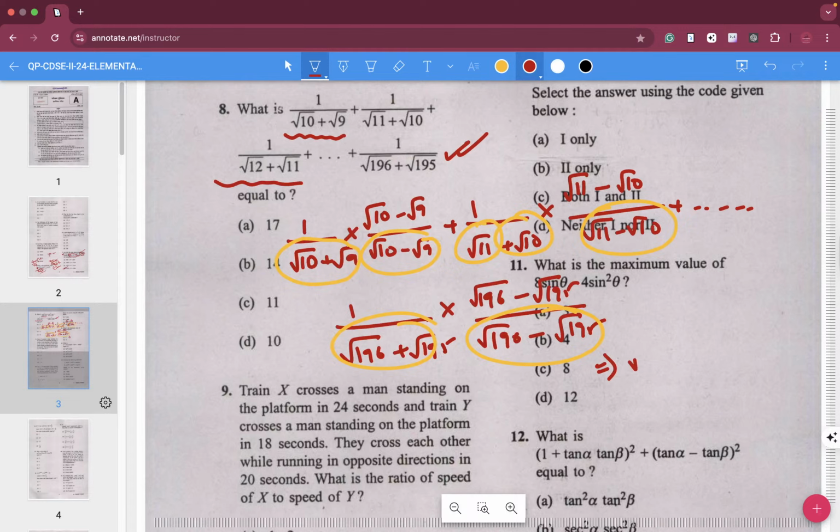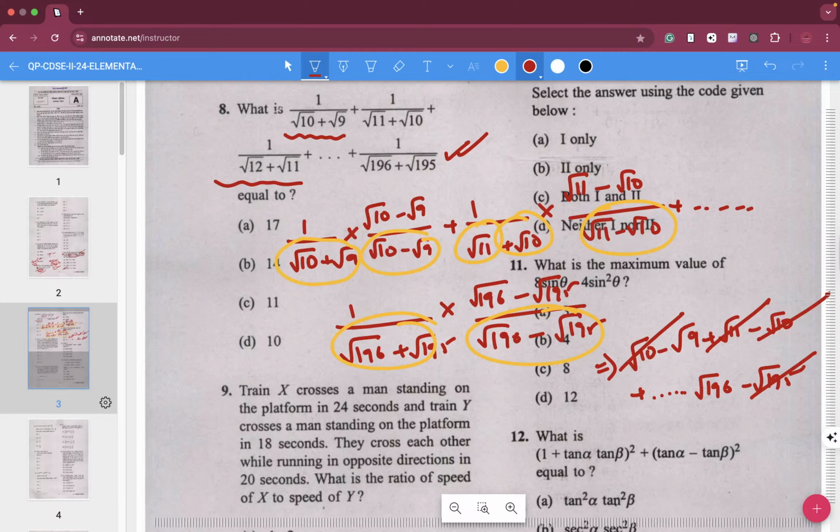So let's look at the numerator. You have root 10 minus 9, plus root under 11 minus 10, plus dot dot dot up till root under 196 minus 195. Clearly this will get cancelled, this will get cancelled, somewhere in between 11 will also come into the picture. And 195 will also get cancelled.